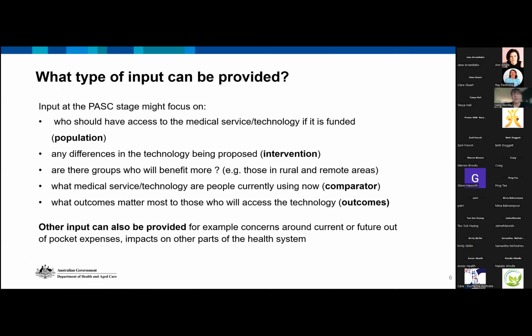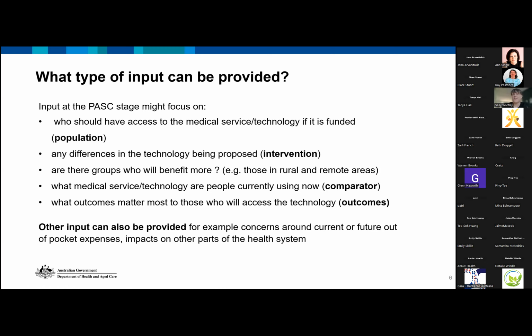So for instance, people might want to put information on who should have access to the medical service if it was funded. Should it be for everyone? Should it be for particular groups? Are there particular groups that might benefit more? For example, younger people, older people, people in different areas, or people with particular unmet need.